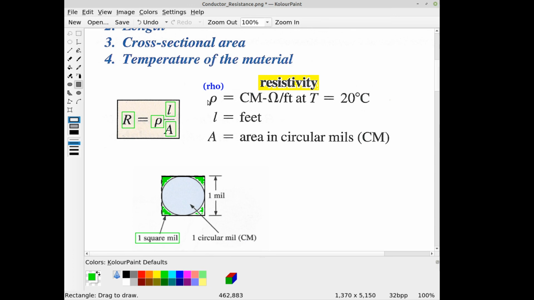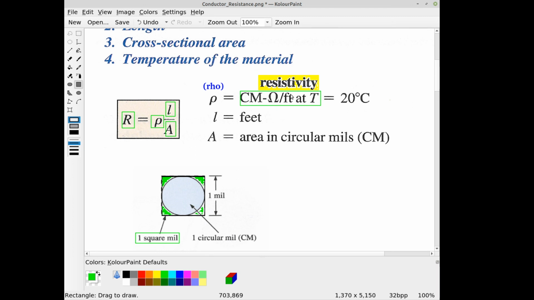When you look up rho, the resistivity, look at the units that you're using. The book typically uses circular mils because it's talking about wire in terms of American wire gauge sizes. And so it's circular mils, which is in inches, and feet.